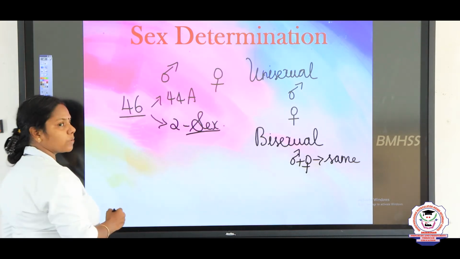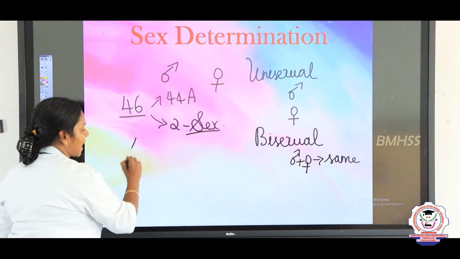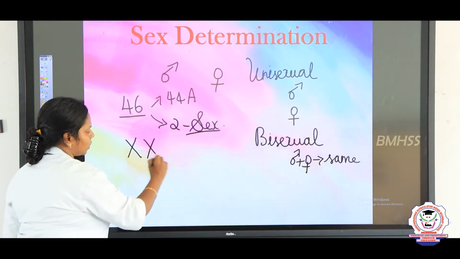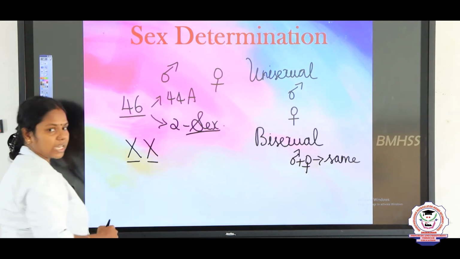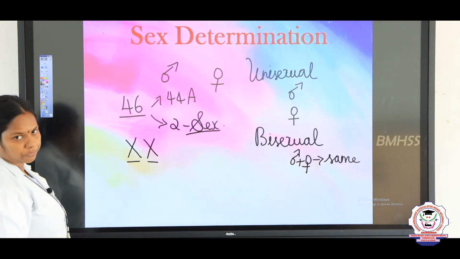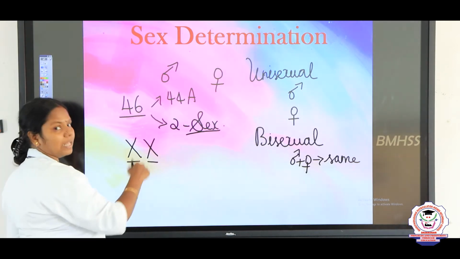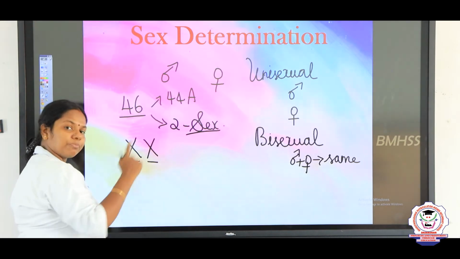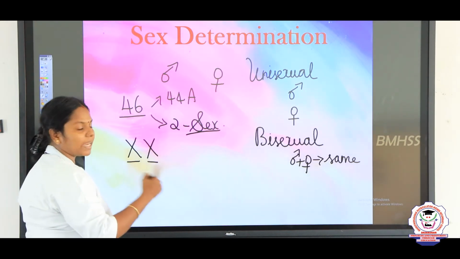Any one individual will possess the same type of gametes. For example, X, so the two gametes are the same. We say this condition is homomorphic. And next, the other sex. For example, if this is a female, the male will be heterogametic. If the male is heterogametic, the female will be homogametic. We can say it will be interchanged.